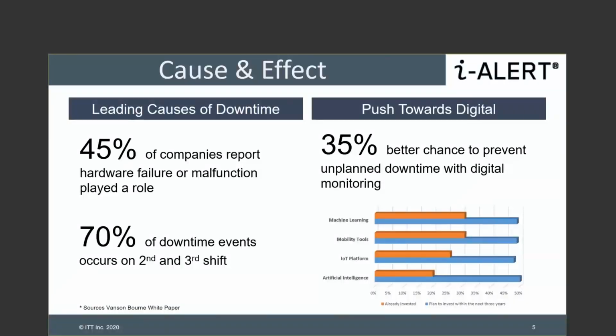A lot of our industry counterparts are investing in machine learning, mobility tools, IoT platforms, and artificial intelligence. The biggest thing you can see from this particular graph is not just the investment that has been done so far, but what is planned for the future. This whole Internet of Things, or industrial Internet of Things, platform is just a start right now.